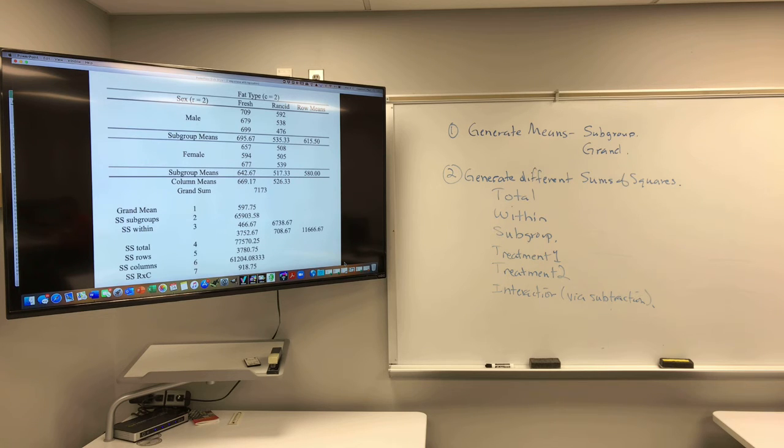Once again, another problem that students have with calculating grand mean is in unequal sample sizes, they forget to weight things by sample size. So this is always the best way to do it, because you have to think about sample size in these other ways.